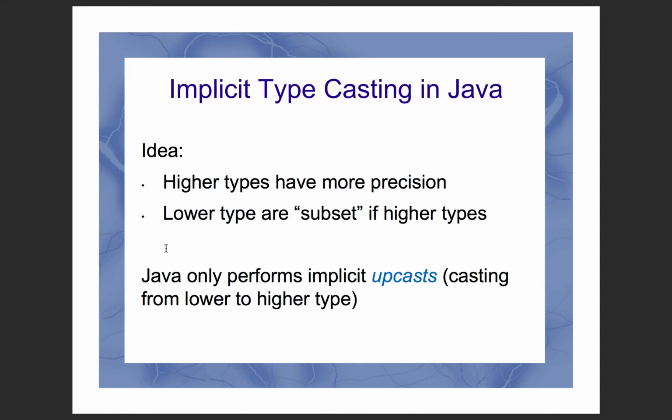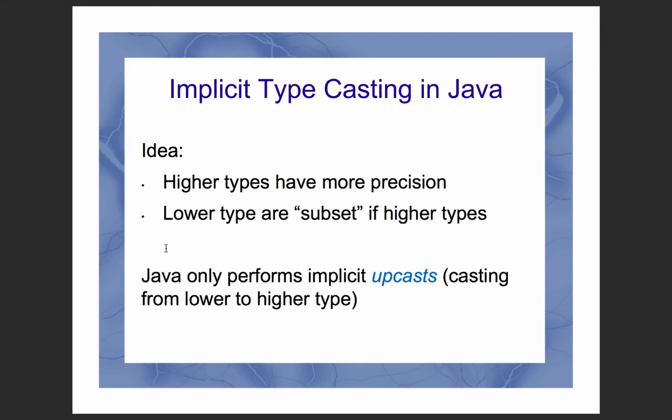So we said there is implicit typecasting and explicit typecasting. What is implicit typecasting? That basically happens automatically. We know that higher types have more precision, and lower types are subtypes of higher types. So Java performs implicit upcasting. That means if you deal with an integer and a float, we know that float has a larger size, so float has a higher precision than integers.